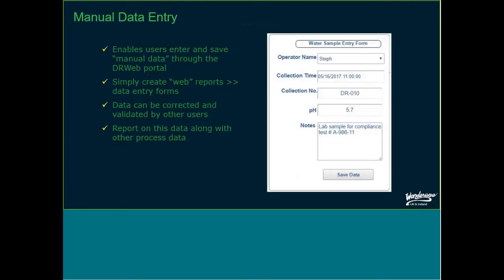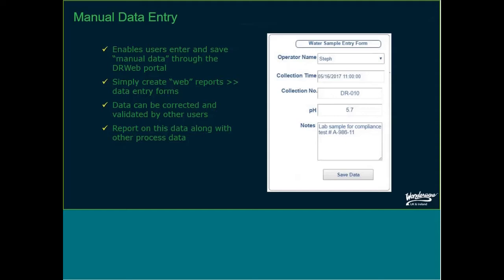We talked about manual data entry. This is where you have those stranded assets, and you have people that need to go to these assets, collect information, and enter this information like quality tests, maintenance information, or any other kind of information that needs to be recorded and reported on.